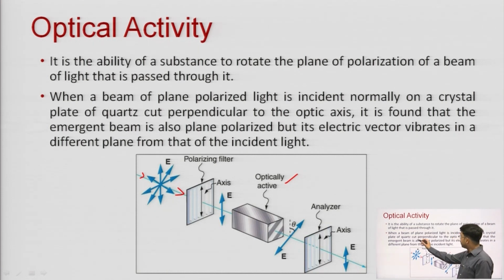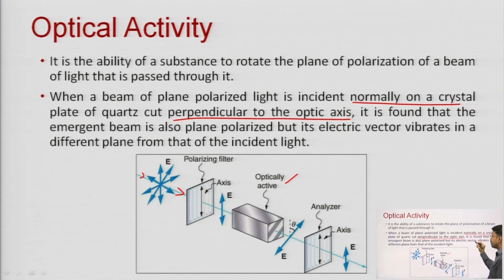So, when a beam of plane polarized light is incident normally on a crystal plate of quartz, which is an optically active material, that is cut perpendicular to the optic axis, it is found that the emergent beam is also plane polarized, but its electric vector vibrates in a different plane.